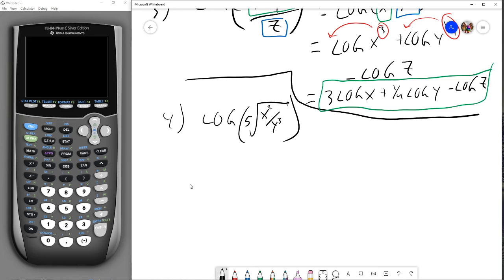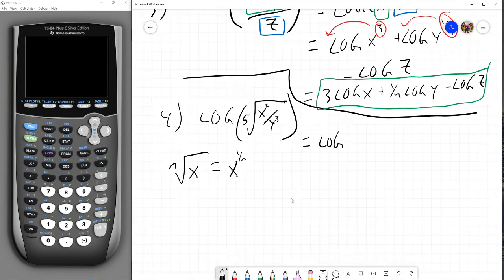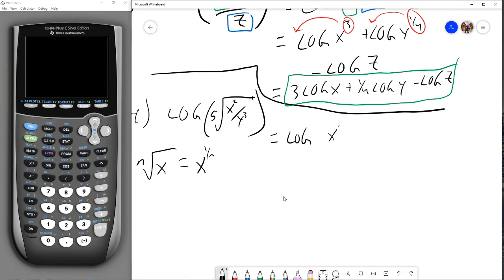What we need to realize is whenever you have this situation here, the nth root of x, that's the same thing as x to the 1 over n power. So we are going to first rewrite this as exponents. So we have log of x squared over y cubed, and this is to the 1/5 power, and all of this is inside our log.